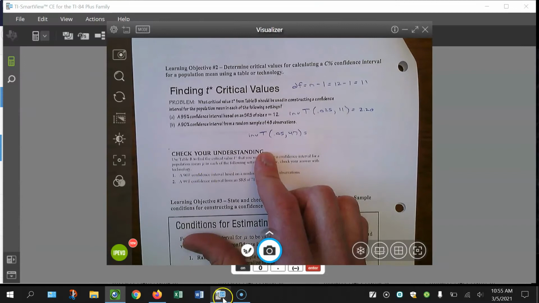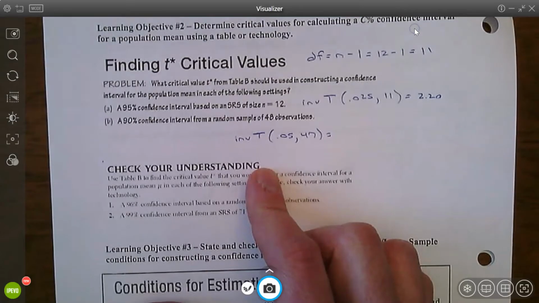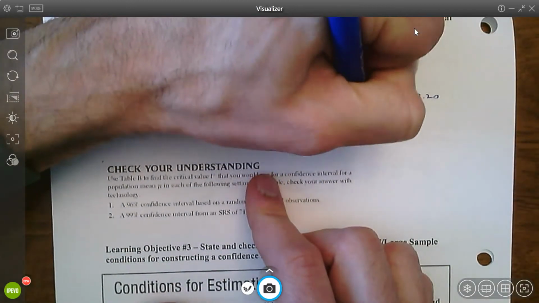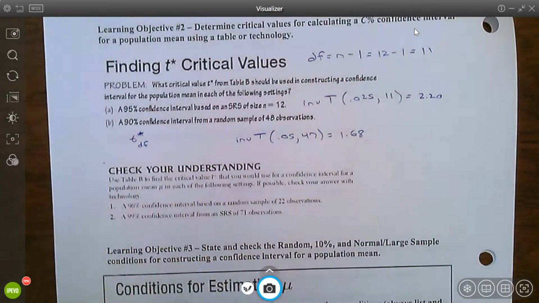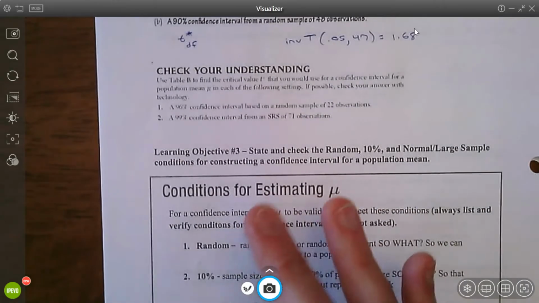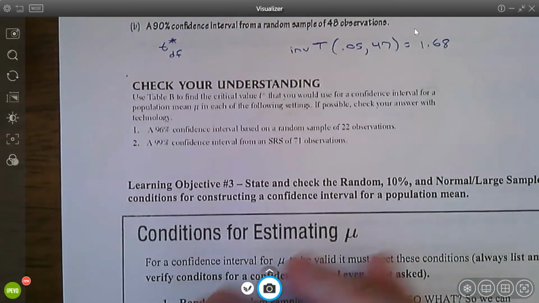So if I go back to the calculator and I do this, inverse t, 0.05 with 47 degrees of freedom, now I'm looking at about 1.68 approximately for my critical value, 1.68. So these are critical t values with your degrees of freedom listed as a subscript. So at this point, pause the video and work through question number 1 and question number 2. Make sure you can do this skill on your own.